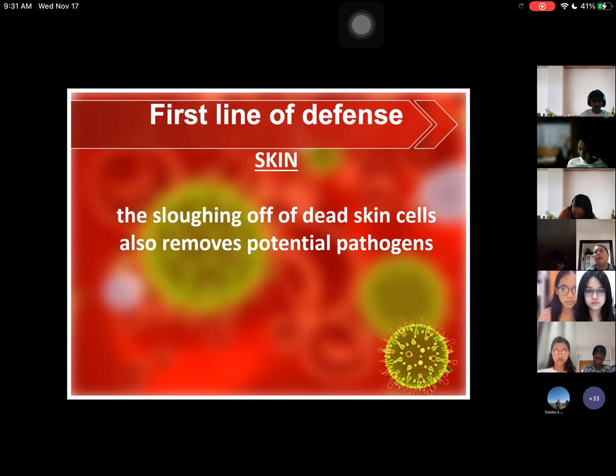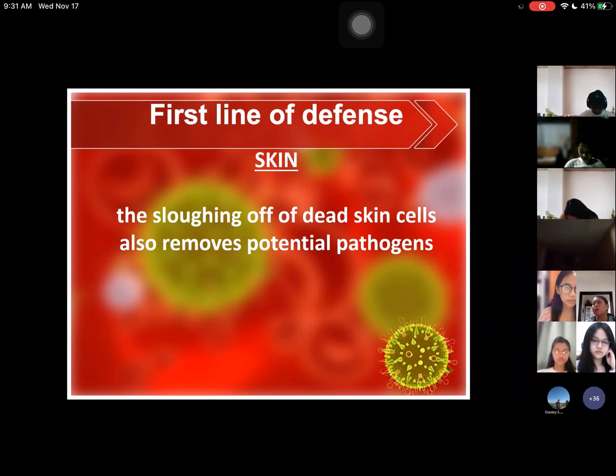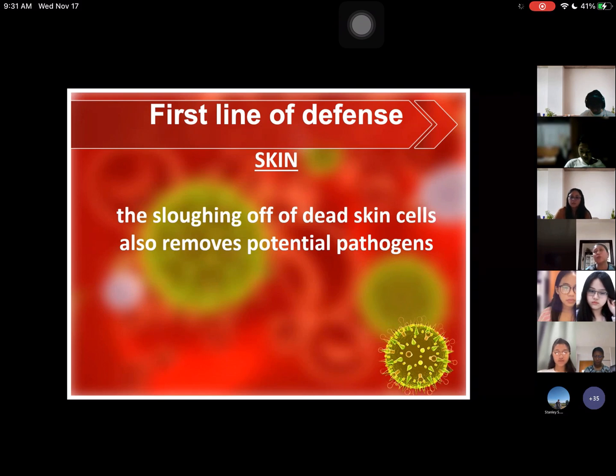Another for the skin is the sloughing off of dead skin cells, which also removes potential pathogens. That's why when you take a bath, those potential pathogens can be easily removed by the flushing of the water and of course applying soap, but you need also to scrub.